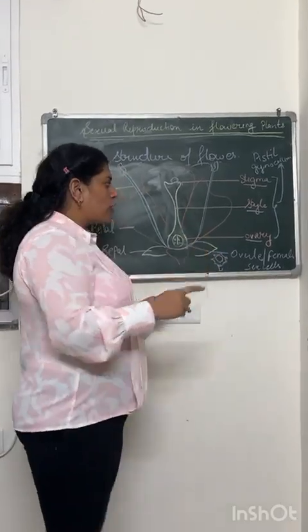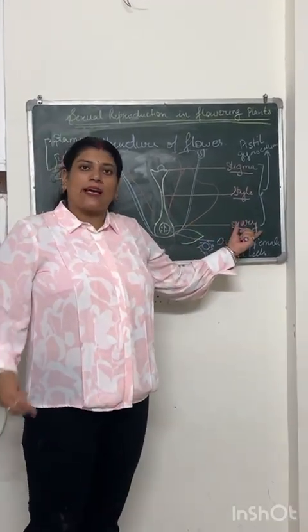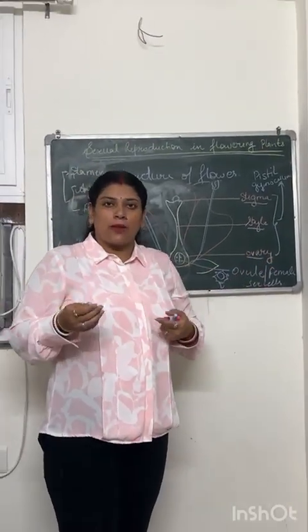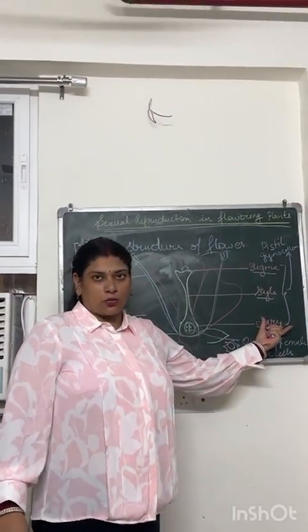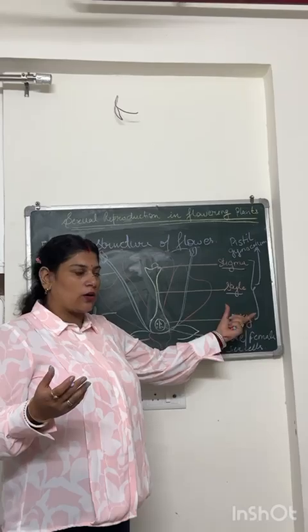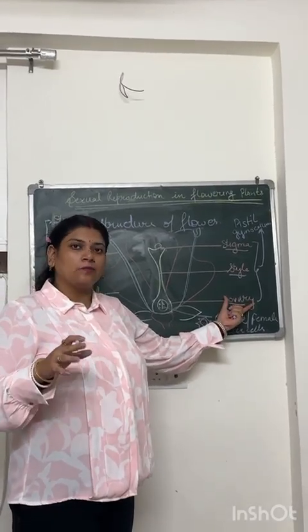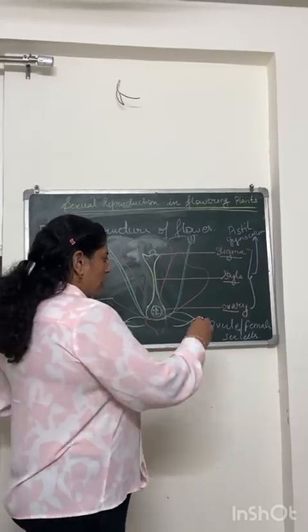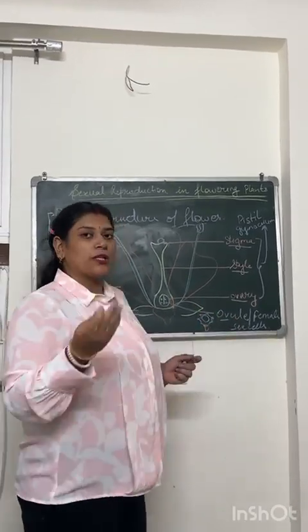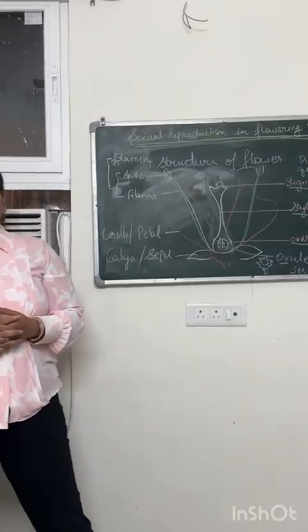And one more thing, ovary is called the future fruit. Future में कौन सी चीज fruit बनेगी, that is ovary. It is getting swell हो जाएगी और इसमें edible part भर जाएगा. And what is ovule? Ovule is known as future seeds, right?